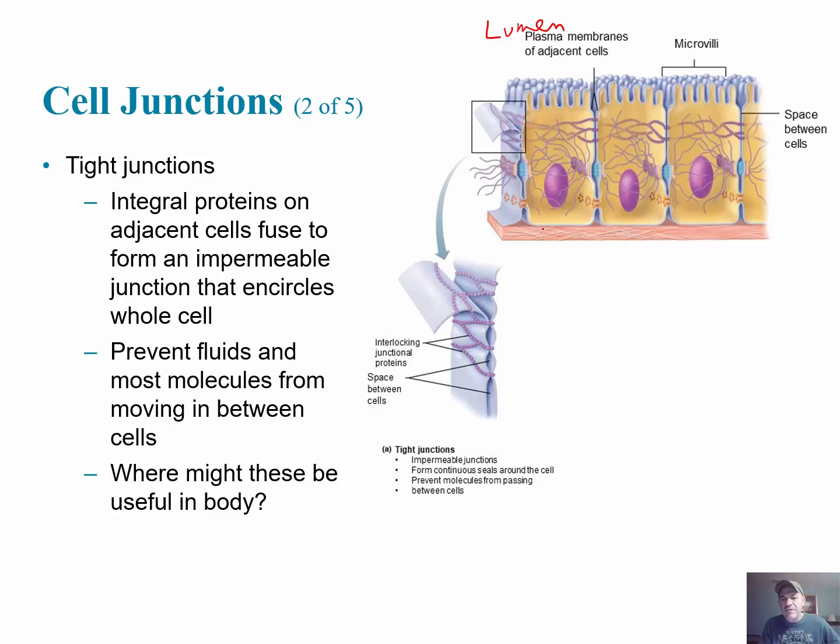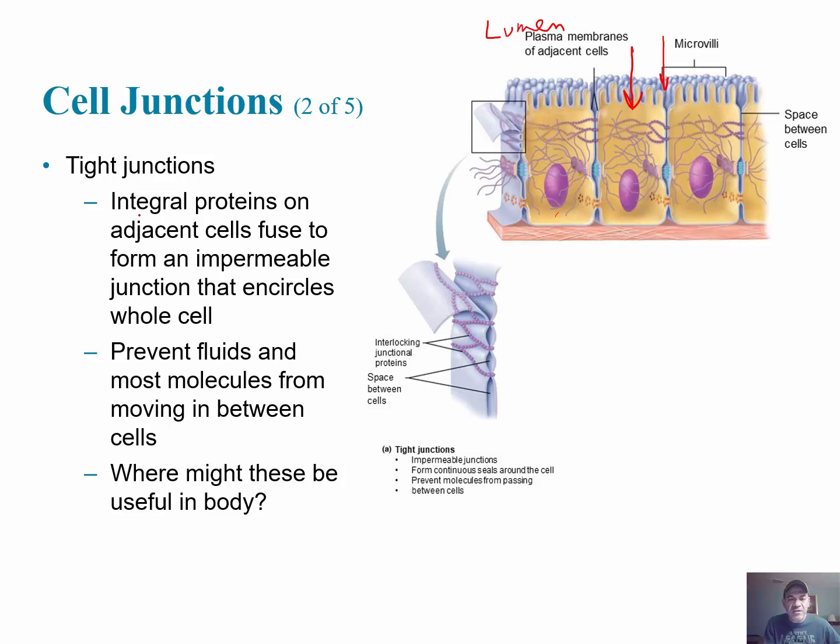And then down here is the basement membrane that the nutrients absorbed by the cells would go through. As you can see, all along here, those chains of molecules are forming tight junctions between the cells. That's going to do an important function, helping to prevent things from just going right through in between the cells.